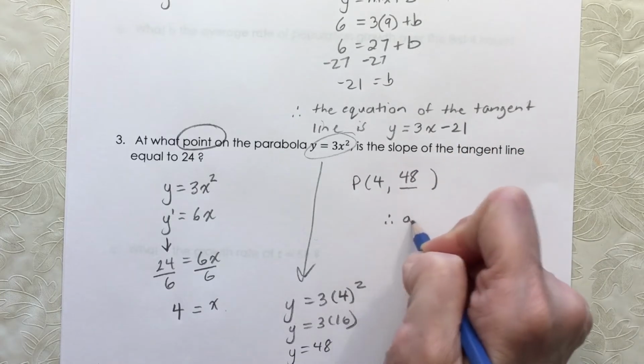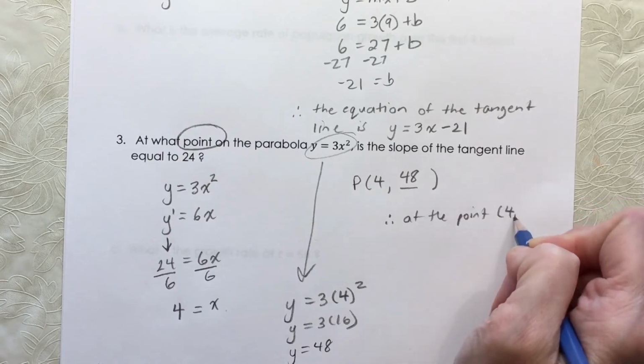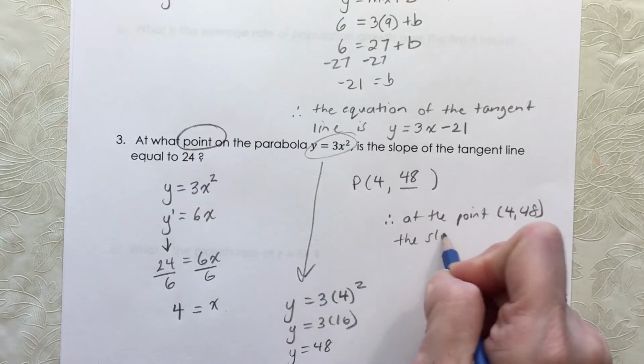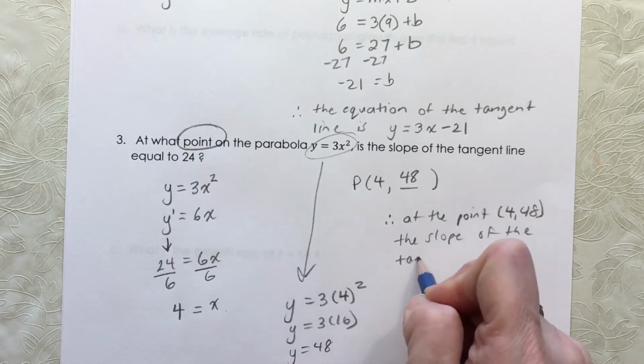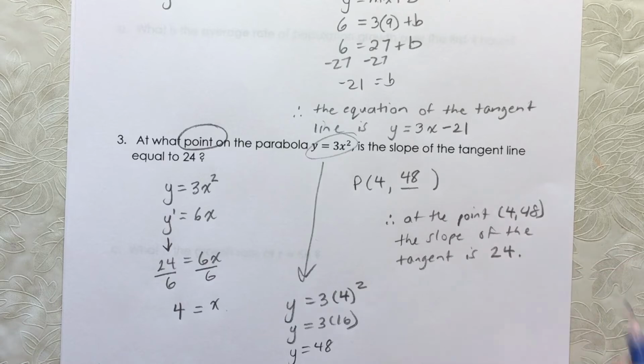So therefore, at the point 4, 48, the slope of the tangent is 24.